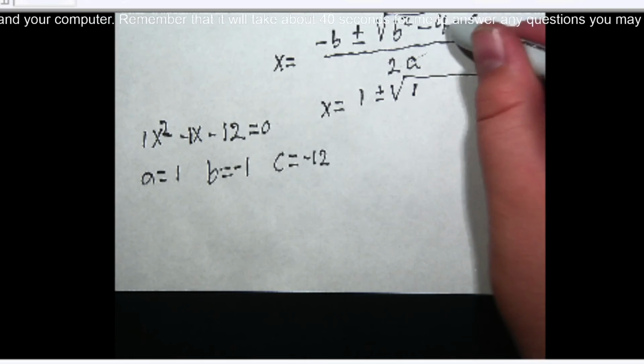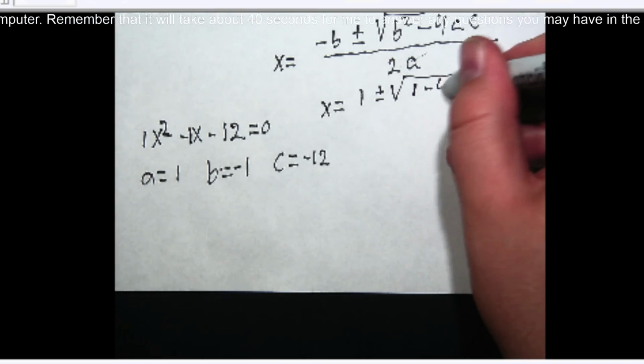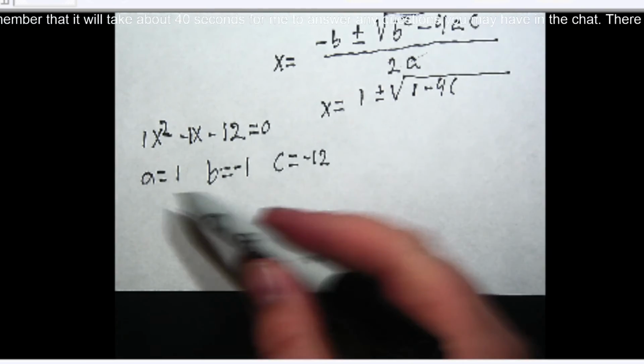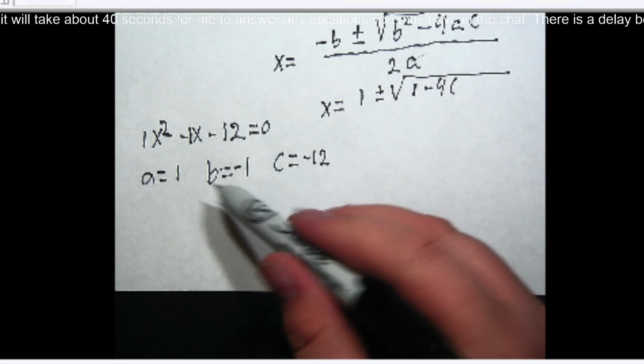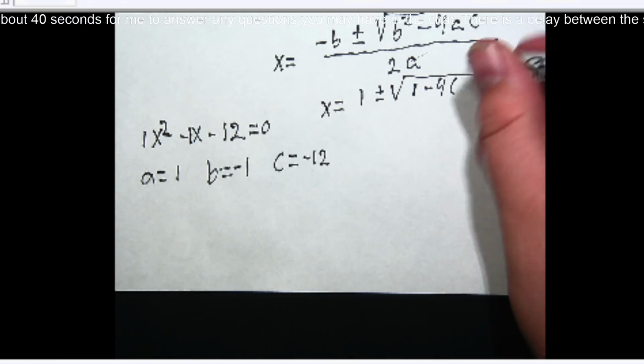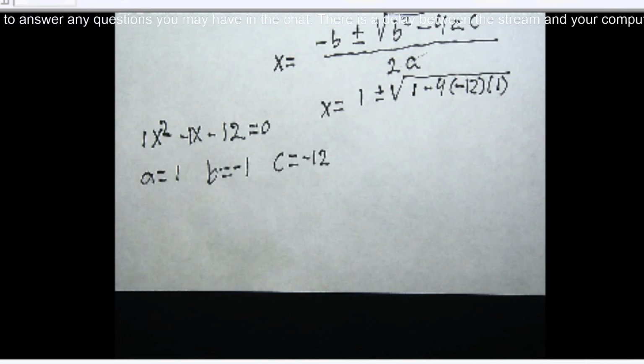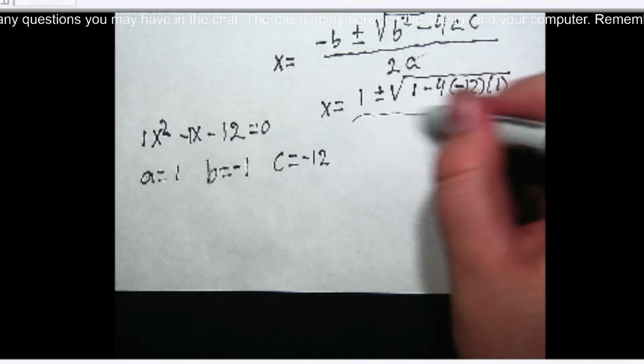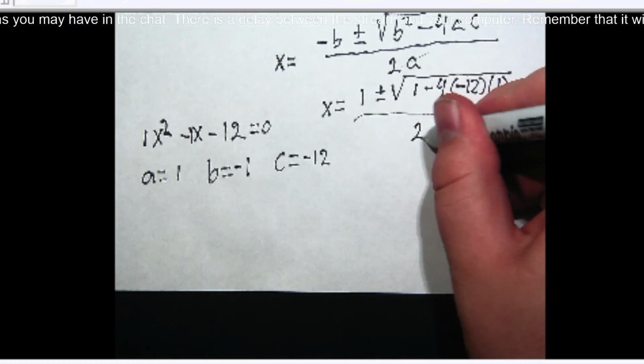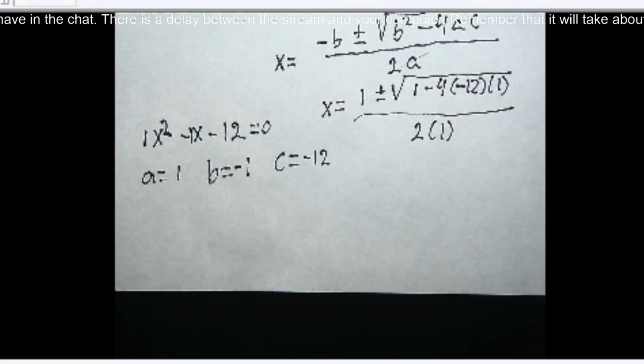Minus 4 times a times c. So minus 4 times a, which is 1, so 4, times negative 12. I guess I'll stick the 1 on there just to have it. All over 2 times a, which is 1, which would just be 2. Okay.